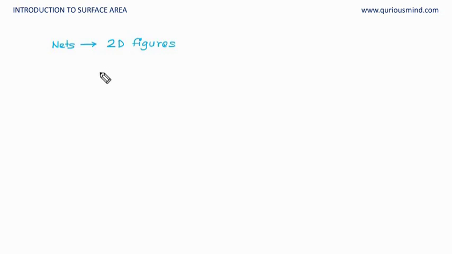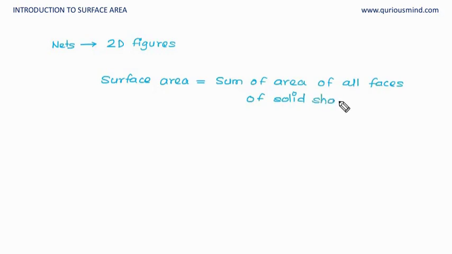Or surface area is also the sum of the area of all the faces of the solid shape. So in this video, we will derive the formula for surface area of cube, cuboid and cylinder.